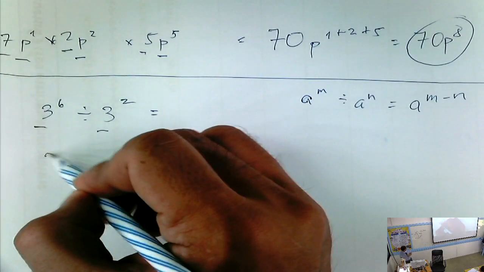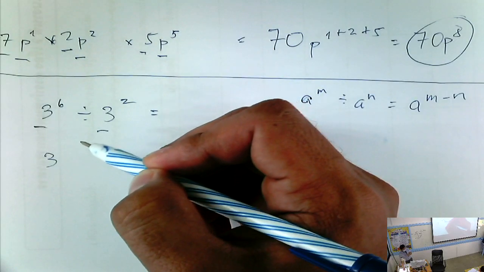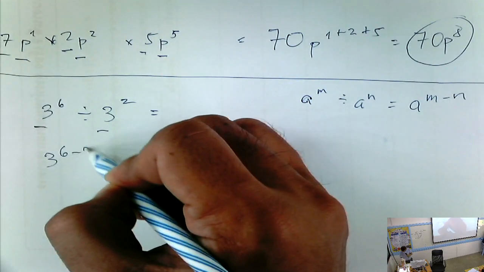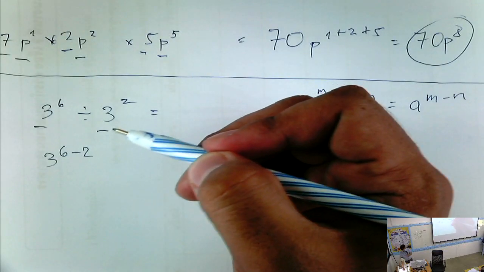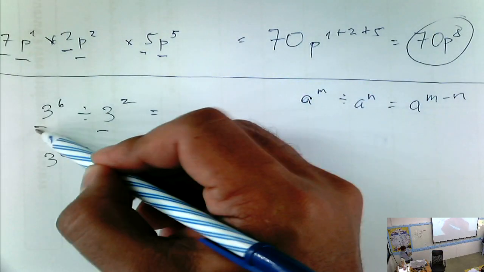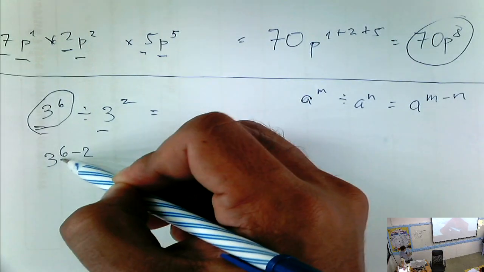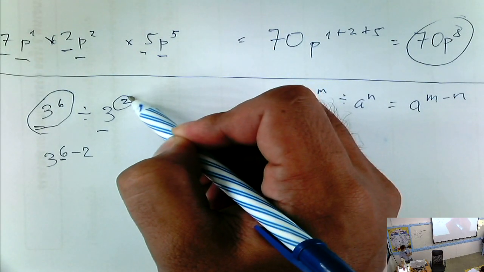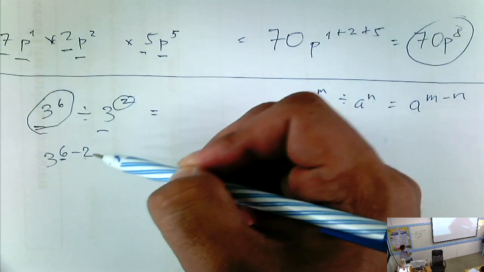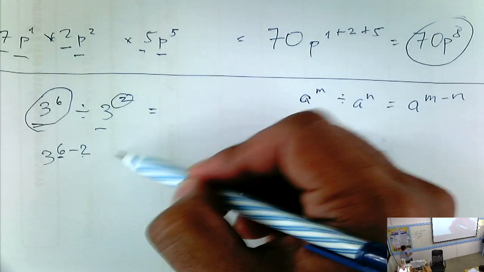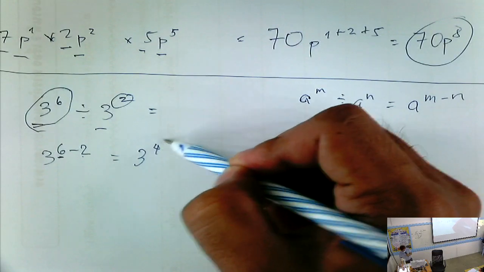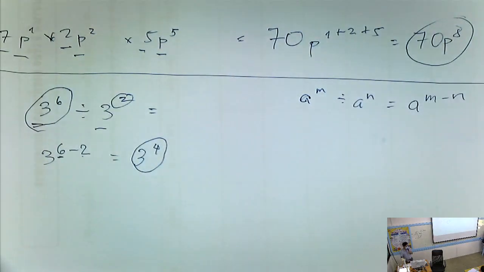And so what you're going to do is you copy the base number, and then subtract the exponent. Since this is the first exponential number, the first exponent is 6 minus this number, which is 2. And so we will have 3 to the power of 4. And this will be your answer.